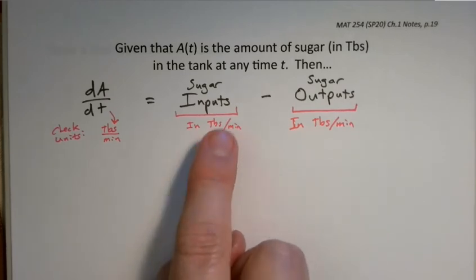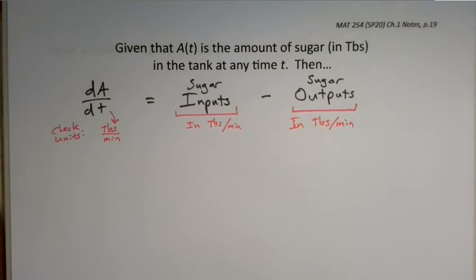So now I'm going to throw the numbers and the units in that I know for certain. From the previous page, let me make sure I do this right with the color coding here. The first input that we had was the green input.